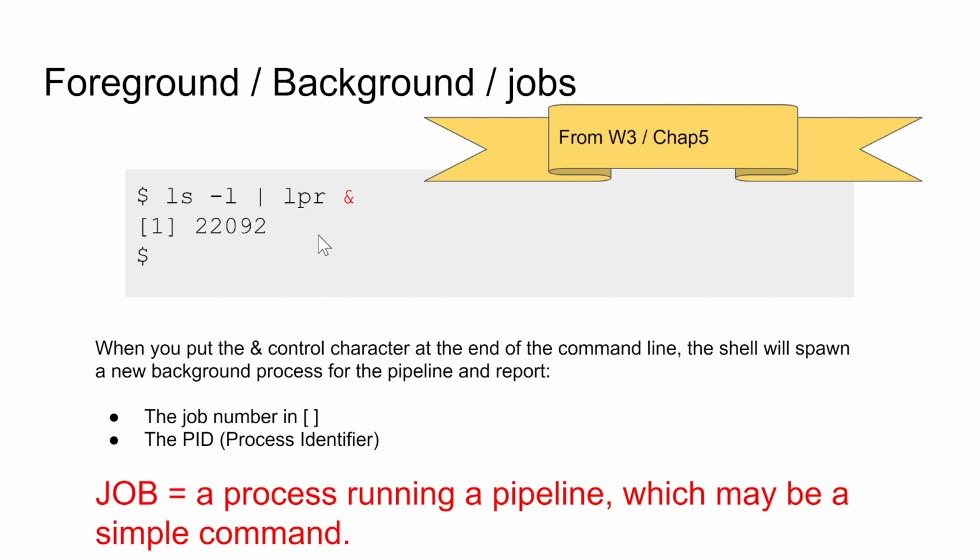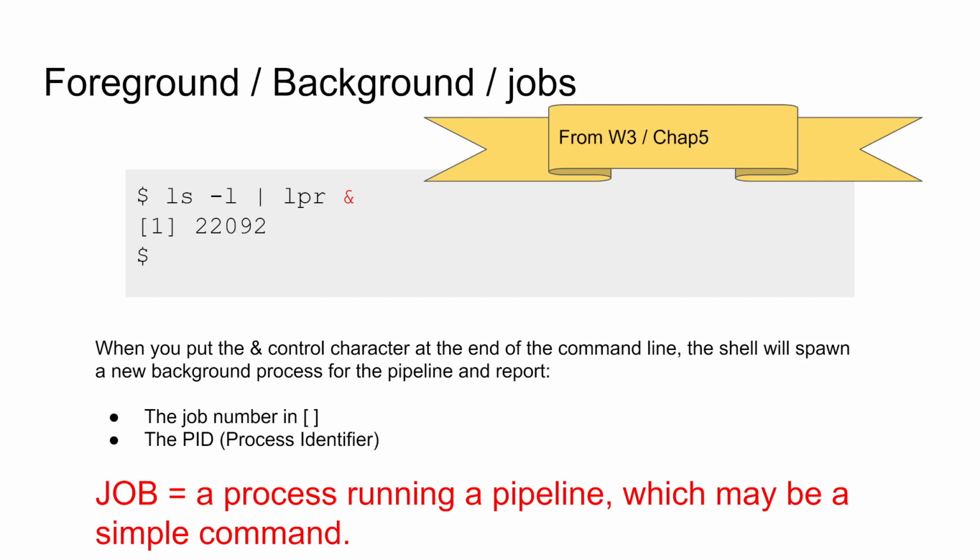Processes are somewhat related to jobs, but job is kind of the job control facility of bash. So you can think of a job as a process that's running a pipeline, which itself may be a simple command, just one command.